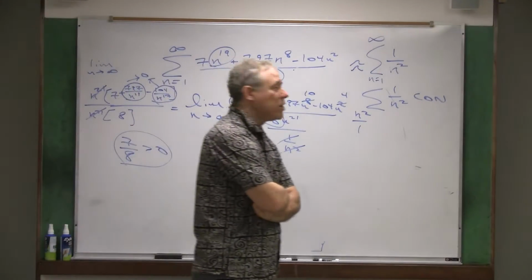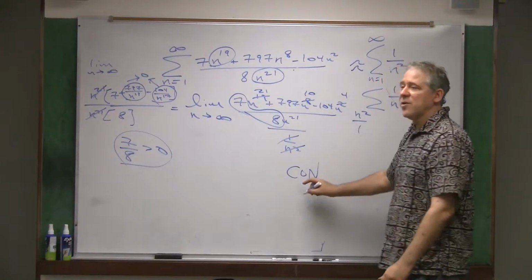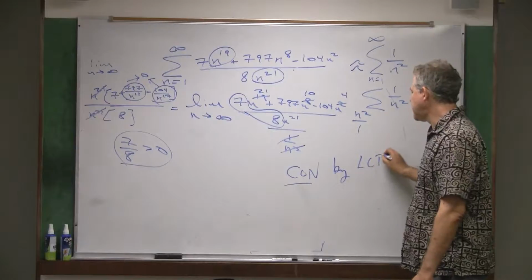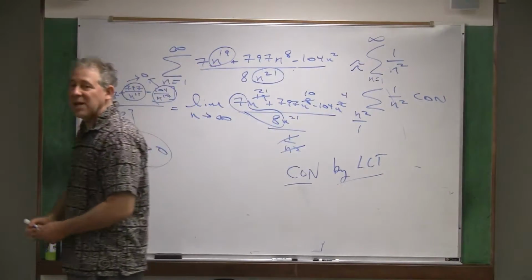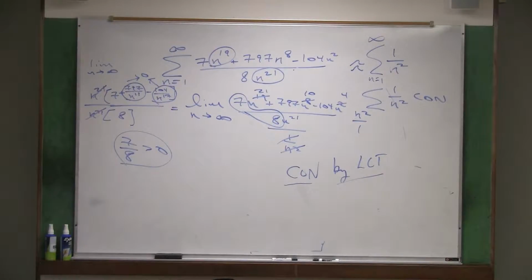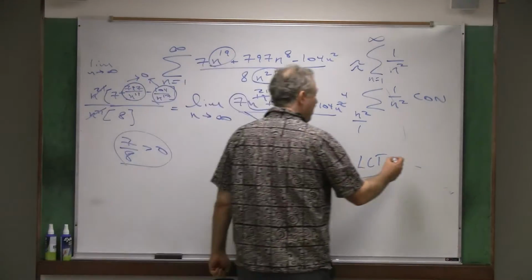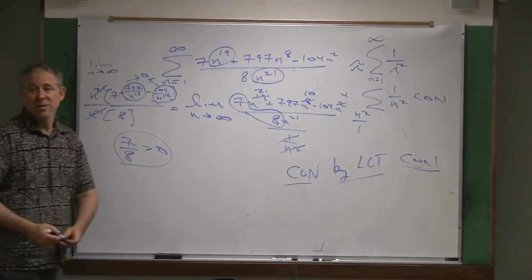So converge. And then just write converge by the limit comparison test so that you explain that you're using the test and that you know this is case 1. You could even say converge by the limit comparison test, case 1, full information.